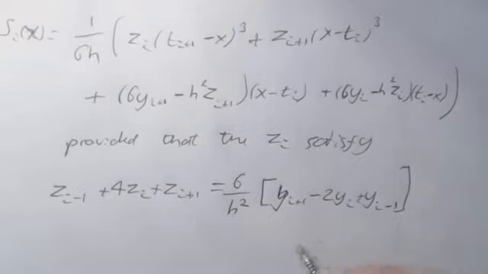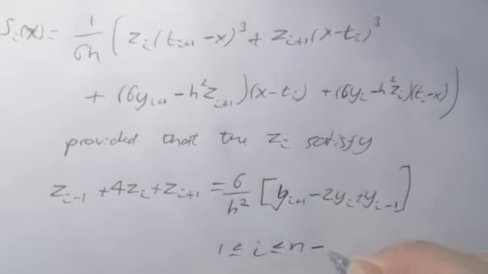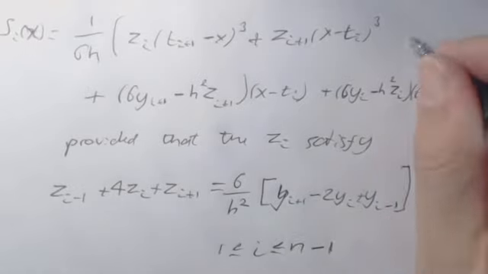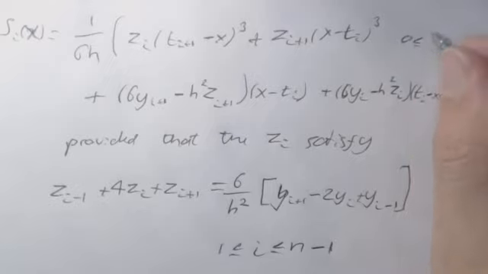So these are for i from 1 to n minus 1, and these are for i from 0 to n minus 1.